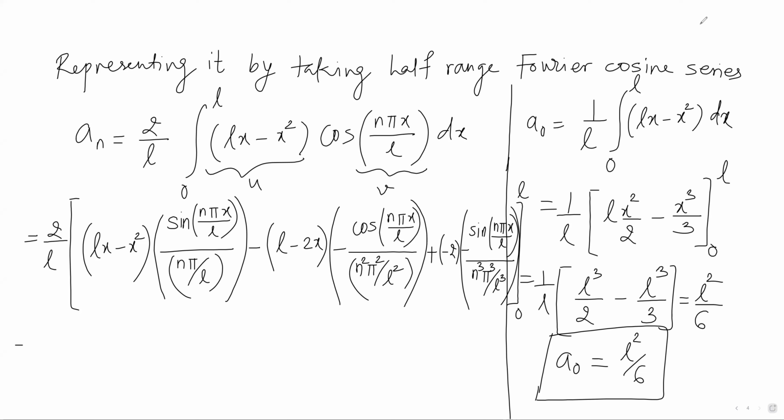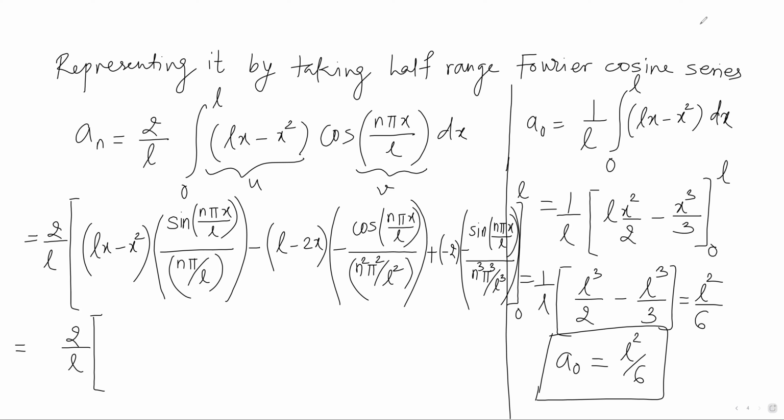So when you put the limits here, you'll find that the second is L minus 2L. So we'll get this as minus L. So we'll get 2 by L times, when I take this L square in the numerator, we'll get L cube there.